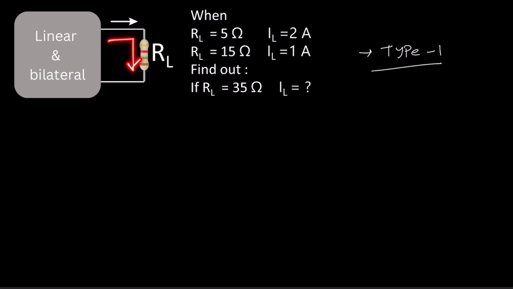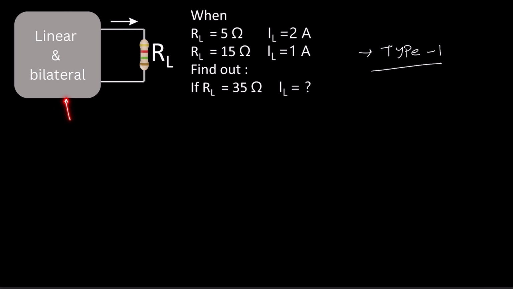Next, if the load resistance is 15 ohm, then the current will be 1 ampere. Now the question is, if we replace this resistance with 35 ohm, then what will be the value of the current?